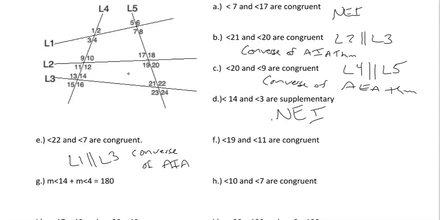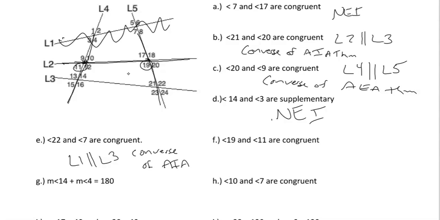Okay. 22 and 7 alternate interior angles. Let's do another one. 19 and 11 are congruent. Here's 19, here's 11. That's that intersection and this one, which is this line, and here's the transversal. If you ignore everything else, what type of angles are those? Bottom left, those are corresponding angles.